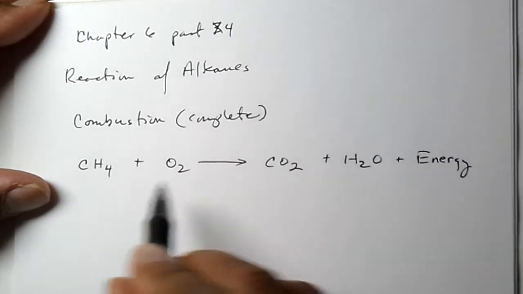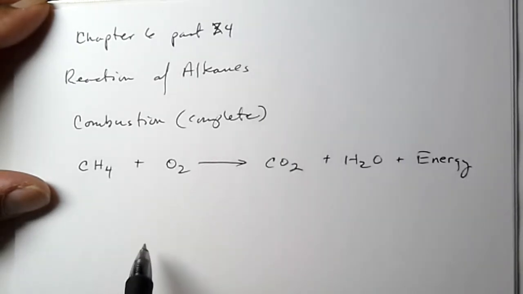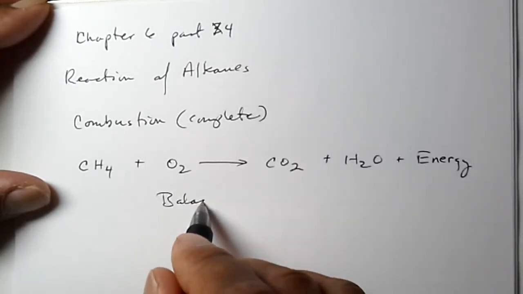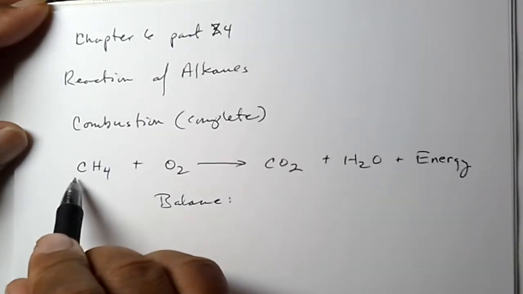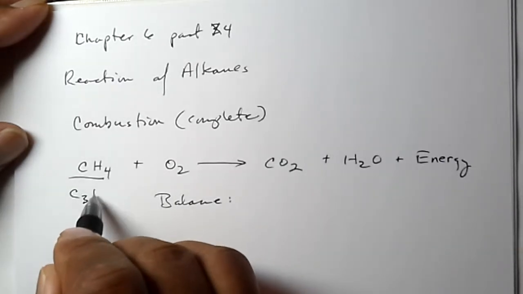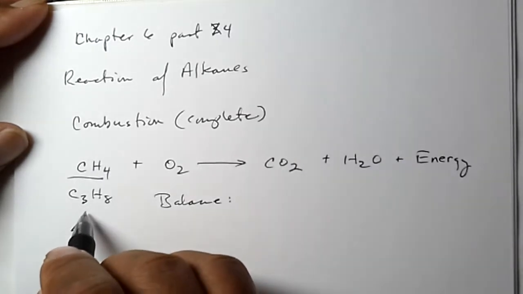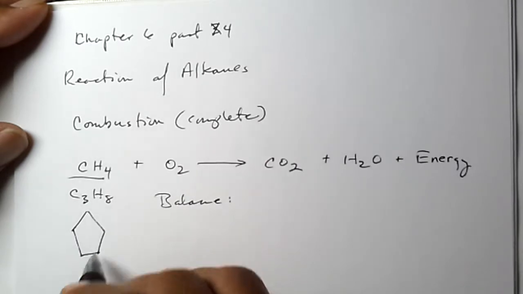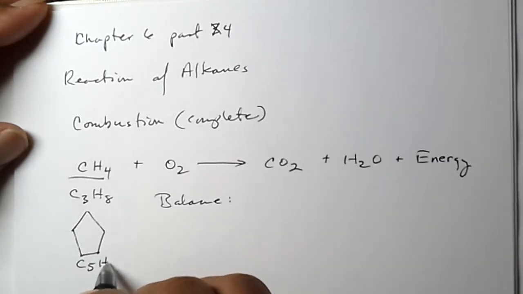Okay. Now, one of the first things you have to do is to balance the equation. All complete combustion of alkyl groups could be at any length, C4H8, any size, could also be a cyclic compound, like what is this, 1, 2, 3, 4, 5, cyclopentane, C5H10.